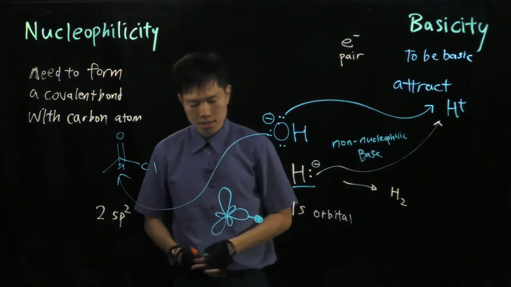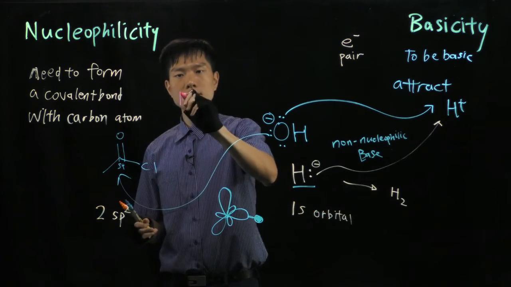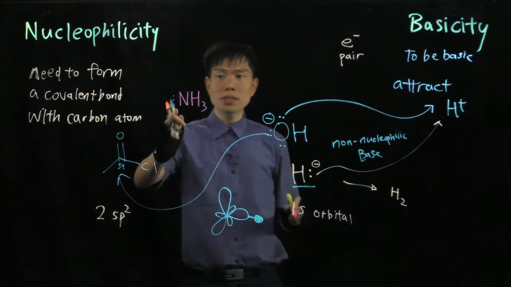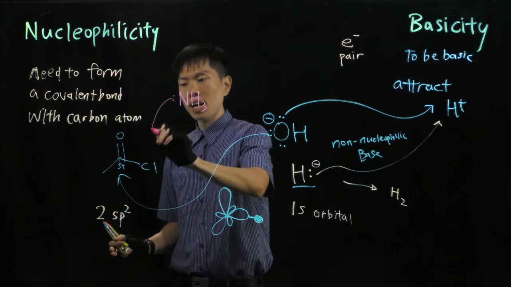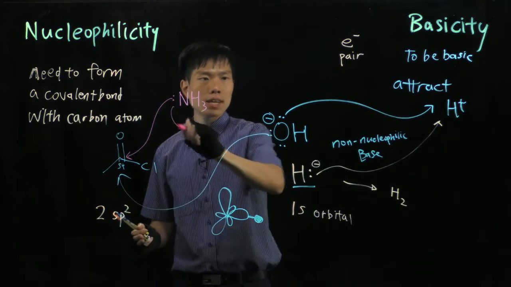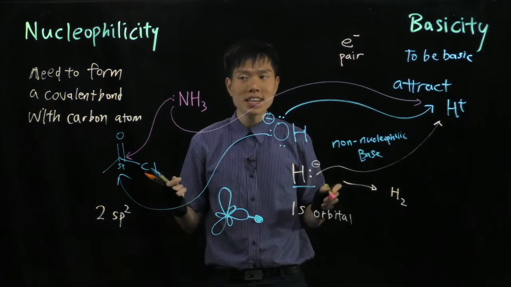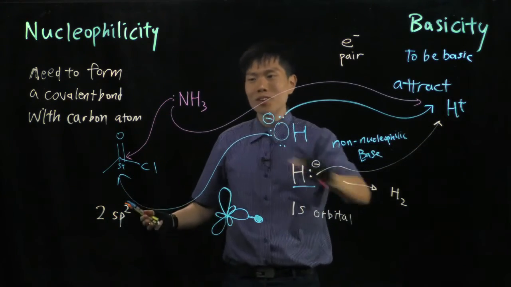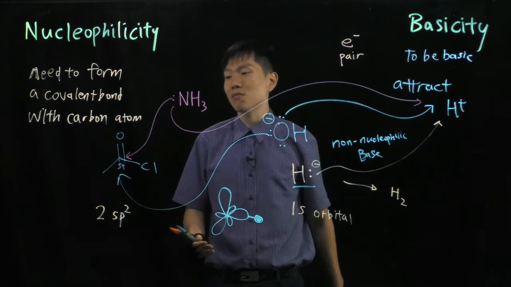Right. Next example, what about ammonia, NH3? There's no charge here, but there's a lone pair on the nitrogen. Now this is able to attack a carbon that's electron deficient, or it can pick up an H+. We know ammonia is basic, even though it's slightly basic, so it must be able to bond with H+ well. And you can tell from the formula itself, it's bonded to hydrogen, 3 hydrogens in fact.